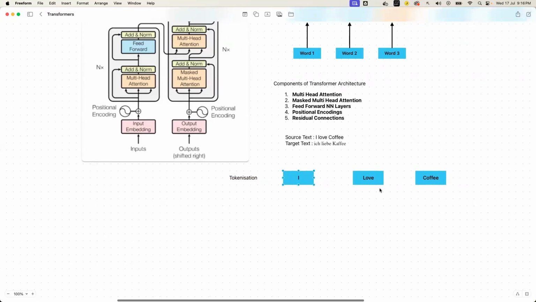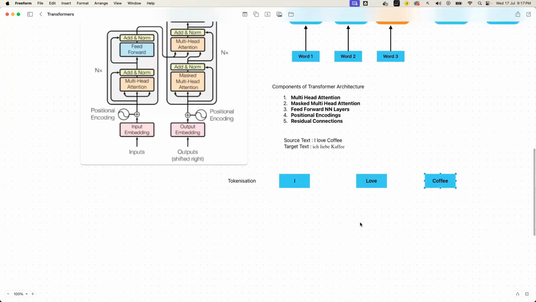Now, once this tokenization is complete, what's the next step? The next step is generation of input embedding. The input embedding is nothing but making use of word embeddings. You have already learned about word embeddings: an efficient way of representing words in a vector format. So we would go ahead and generate the word embedding.